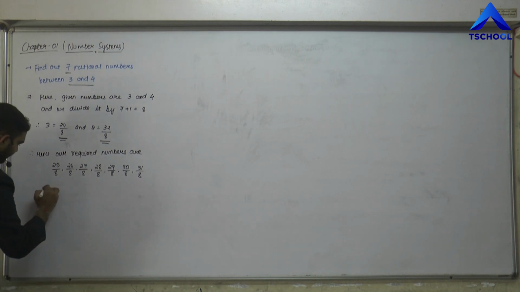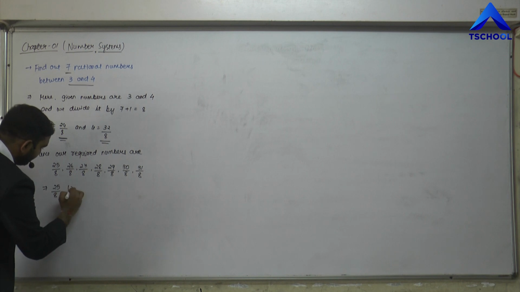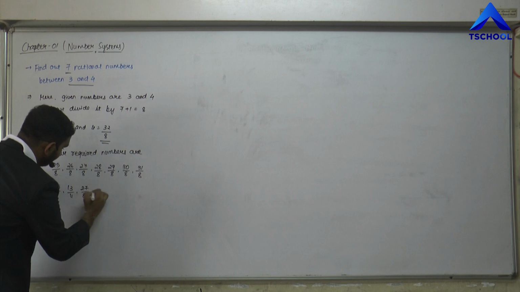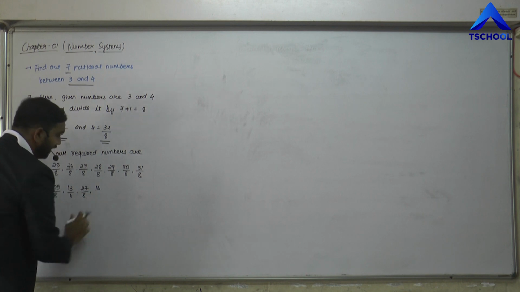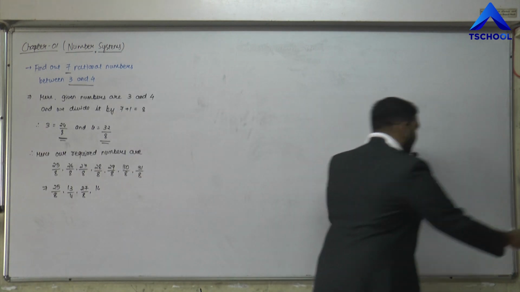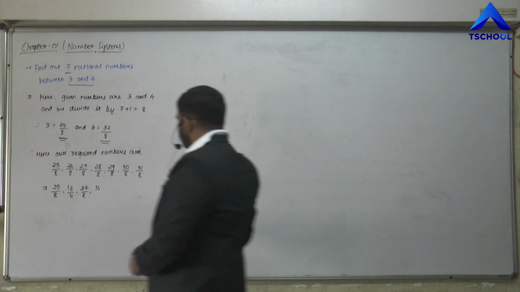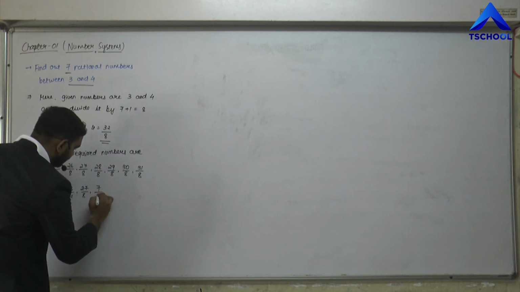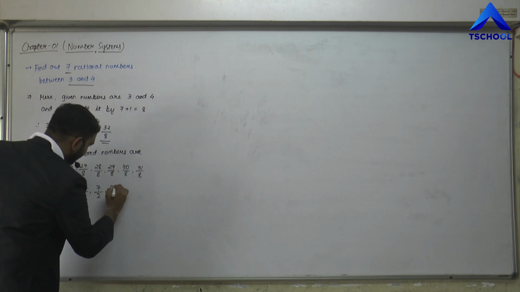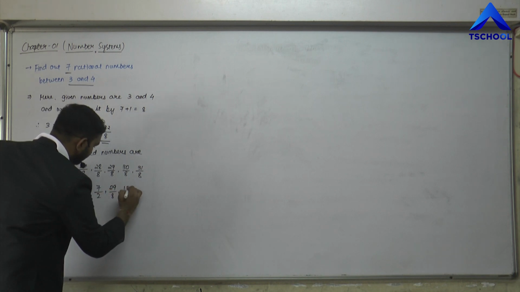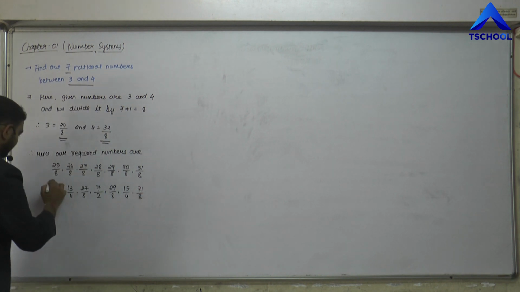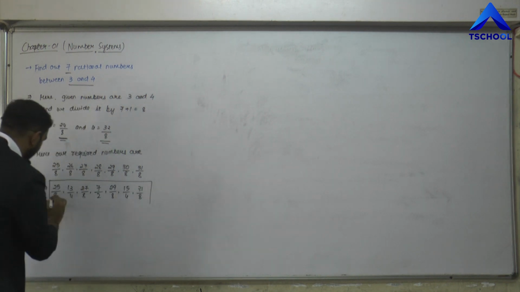So we can finally simplify this as 25 upon 8, 13 by 4, 27 upon 8, 7 by 2, right? We can write this number as 7 by 2 because this can be cancelled out by 4. So that is 7 by 2, 29 upon 8, 15 by 4 and finally 31 upon 8.